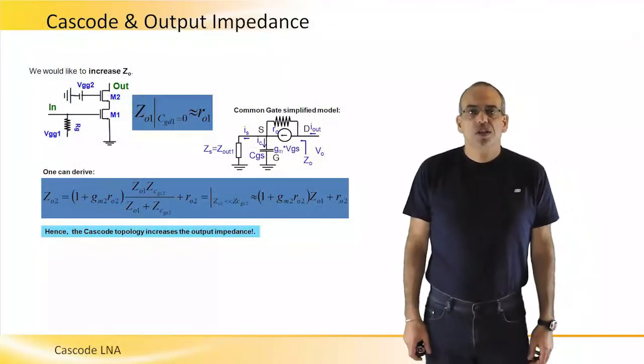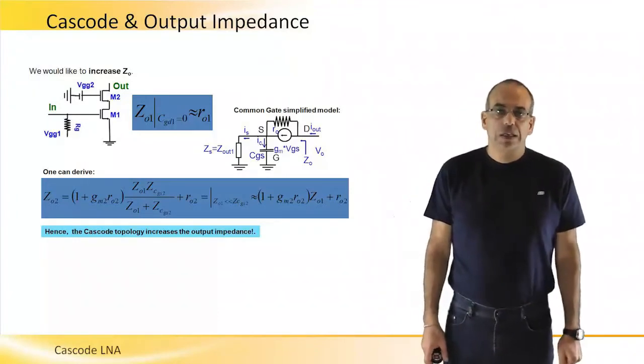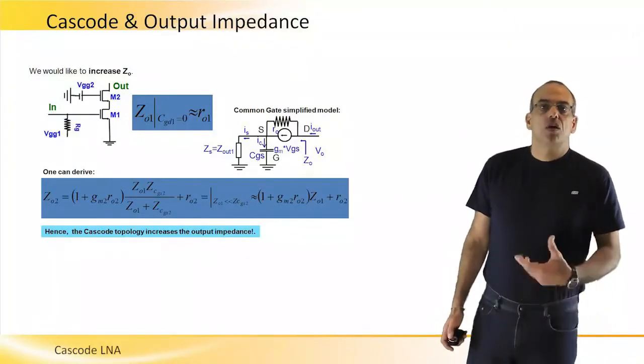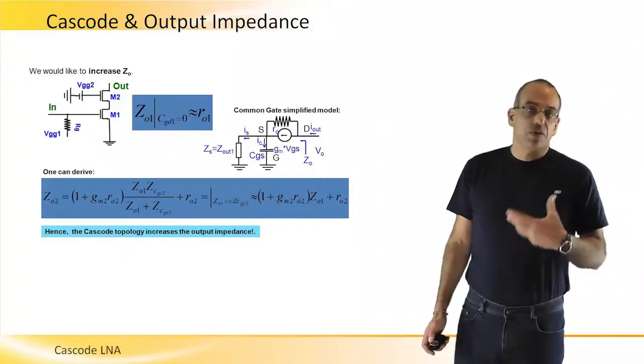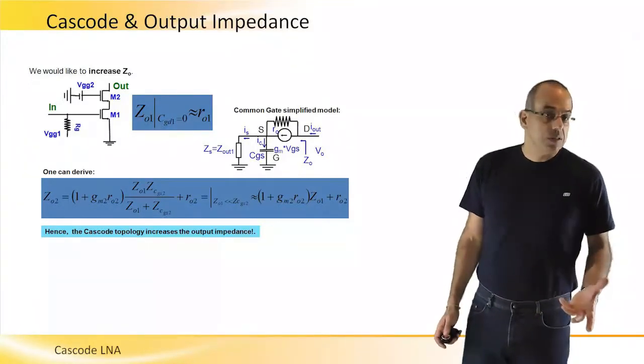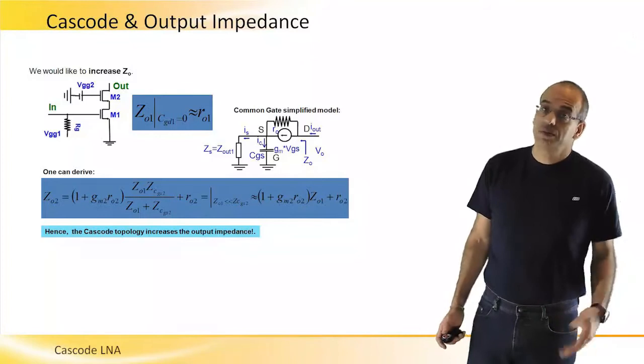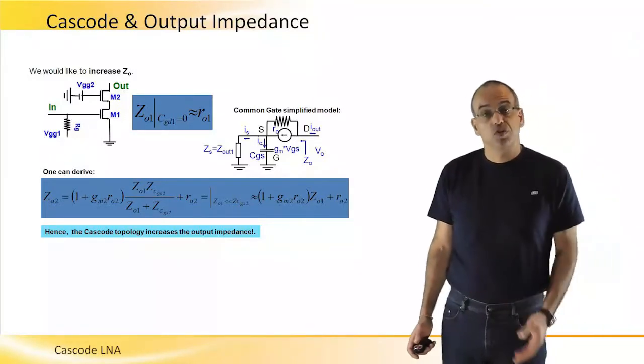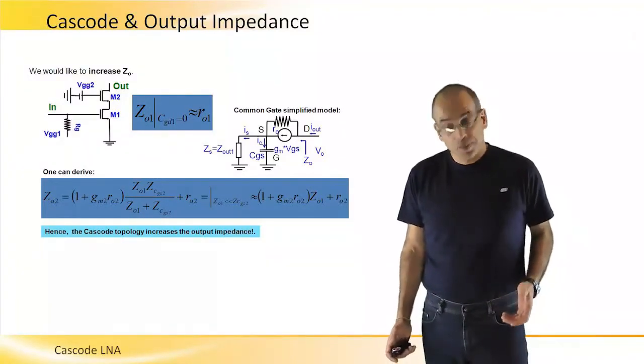It was mentioned before that the Cascode transistor also increases the output impedance. And we didn't show it, we said it, now it's time to go back and explain why.